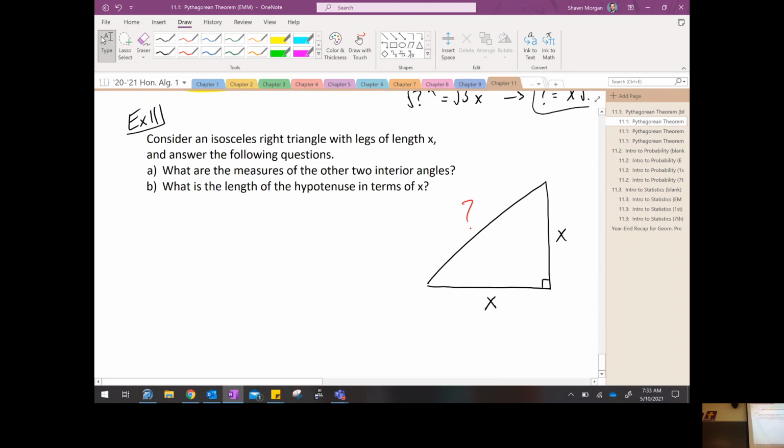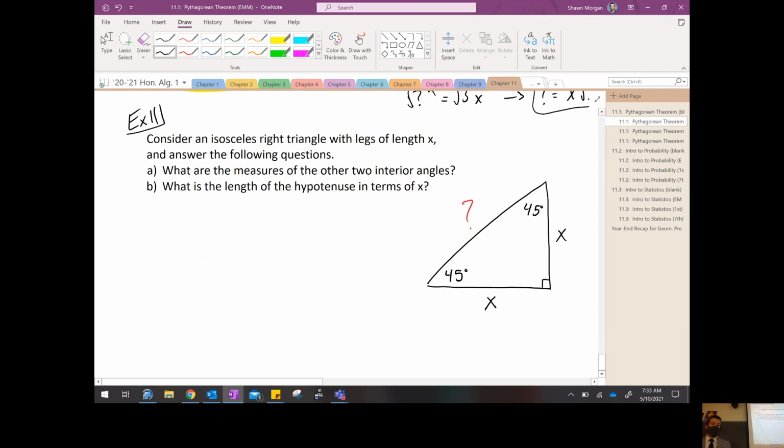These two angles are the same. Therefore, Luke, what must their measure be? Very good. So an isosceles right triangle is what we call a 45, 45, 90 degree triangle. This is the second of our two special triangles.